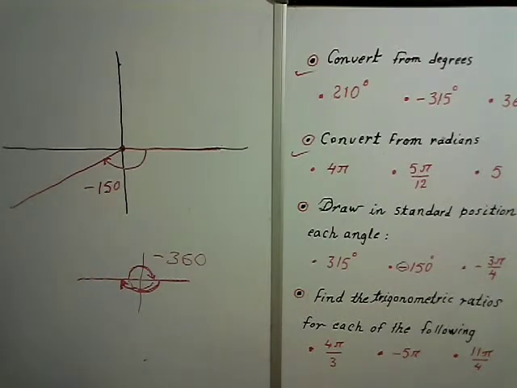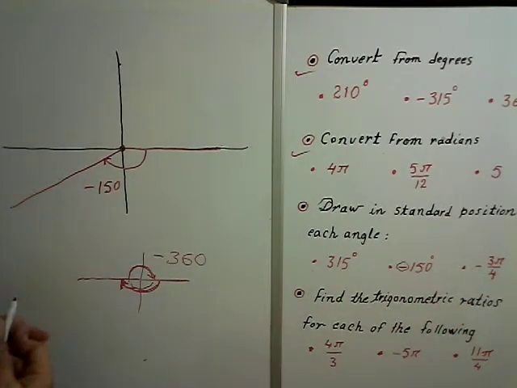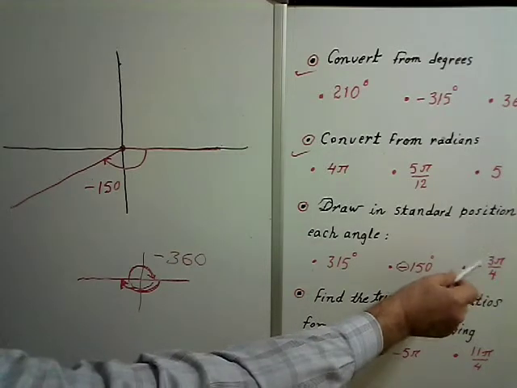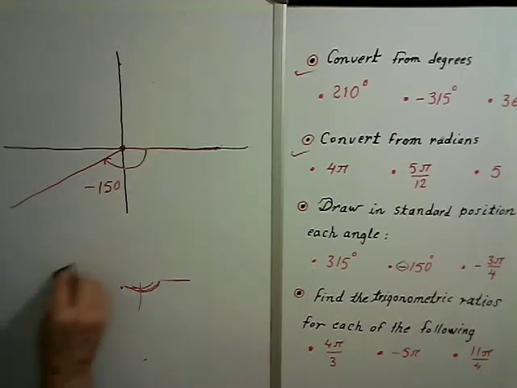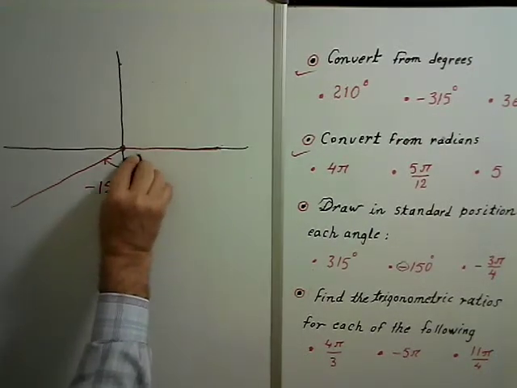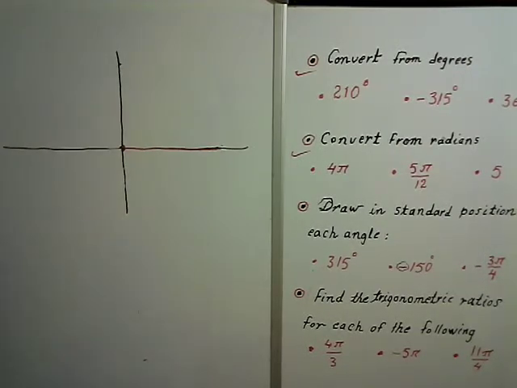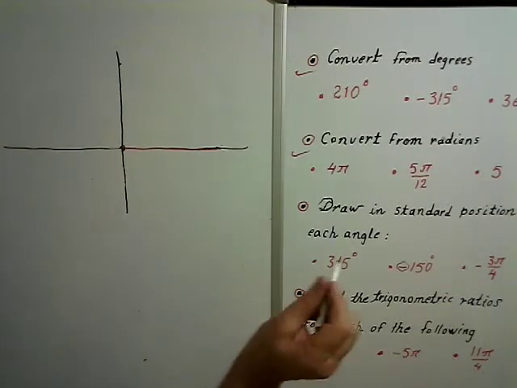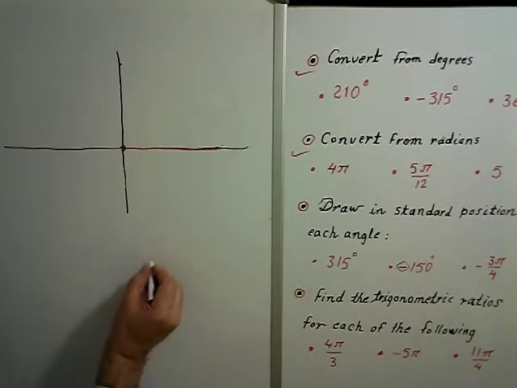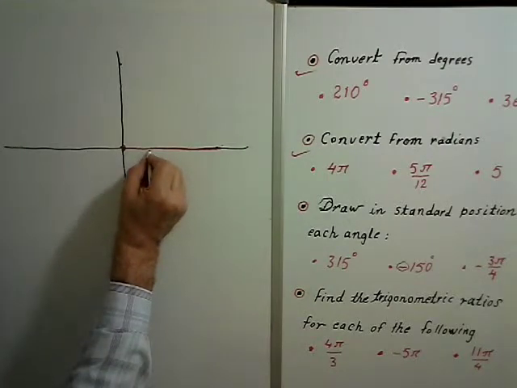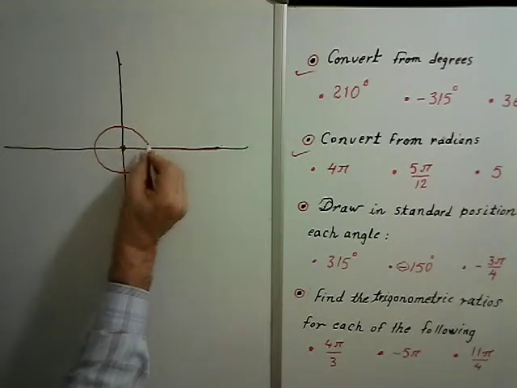Now about the third angle, you see it is written in radians, a negative angle in radians. With radians, do you know exactly where it will be? Consider here the full revolution, or complete revolution, is 2 pi.